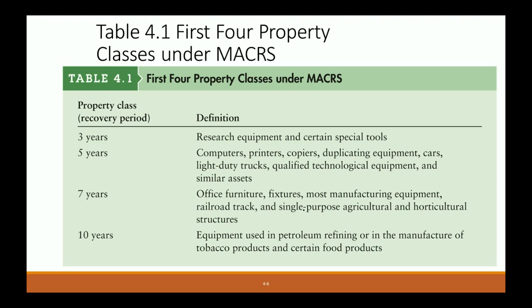So the 3-year recovery period, this is for research equipment and certain special tools. 5-year, computers, printers, copiers, vehicles, trucks, technological equipment, and similar assets. 7 years is furniture, fixtures, manufacturing equipment, railroad tracks. 10 years, this would be equipment that's used in petroleum or the manufacturing of tobacco products and some food products.